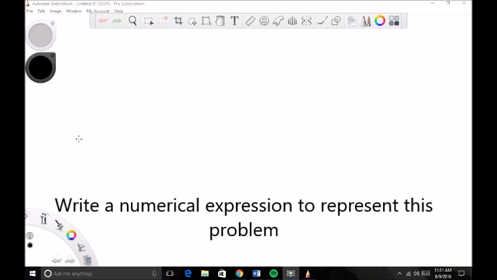All right, so in example 2, it says, write the numerical expression to represent the problem below. And the problem they gave us is, oh my word, my pen is acting weird. Subtract 3 from 12.